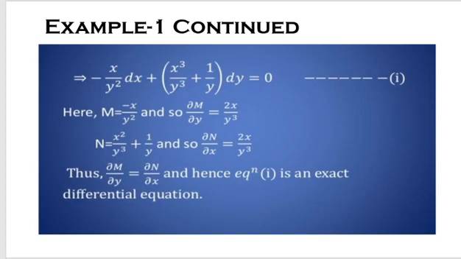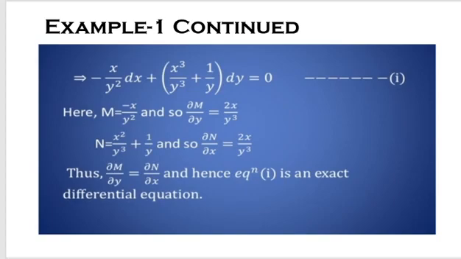Now, we will check the exact condition for this differential equation. That is, again by taking the M term and differentiating partially with respect to y, taking the N term and differentiating partially with respect to x, we will check whether the two values are equal or not. Luckily we got dou M by dou y is equal to dou N by dou x.